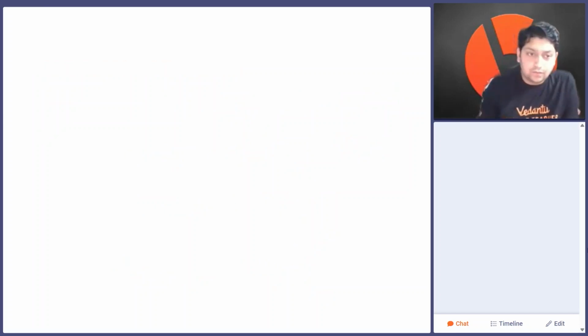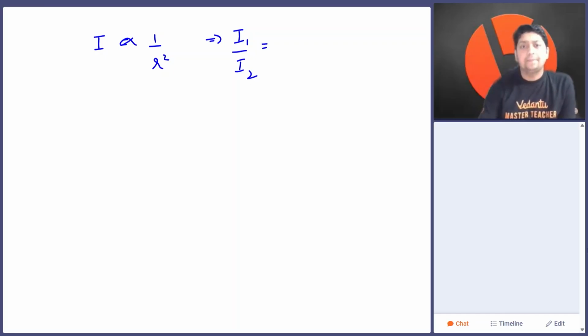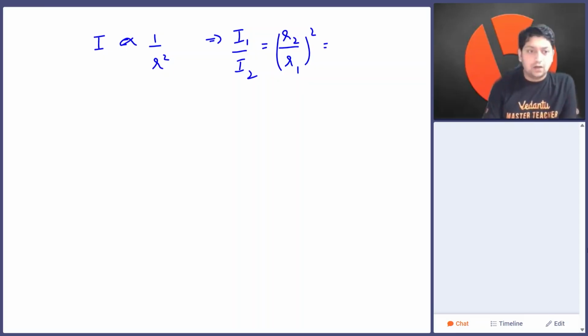And we know that the intensity in such cases is inversely proportional to the square of the distance. So from here we can find out value of I1 by I2 as R2 by R1 square. And what is R2?